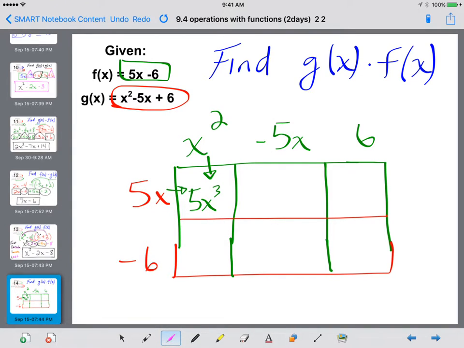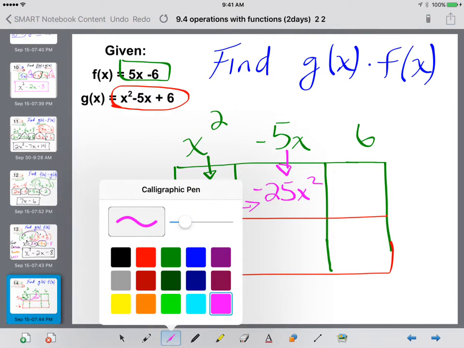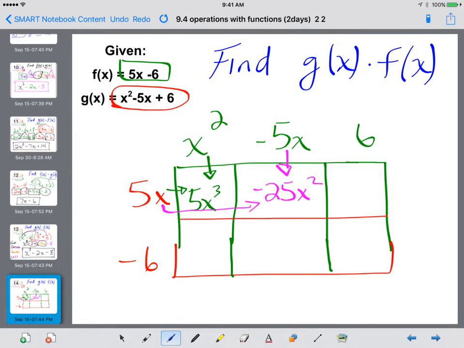Then I'm going to use 5x times negative 5x, and that'll leave me with negative 25. X times x is x to the second power. Let's find a different color. Lastly, I've got 5x times 6, which is 30x.